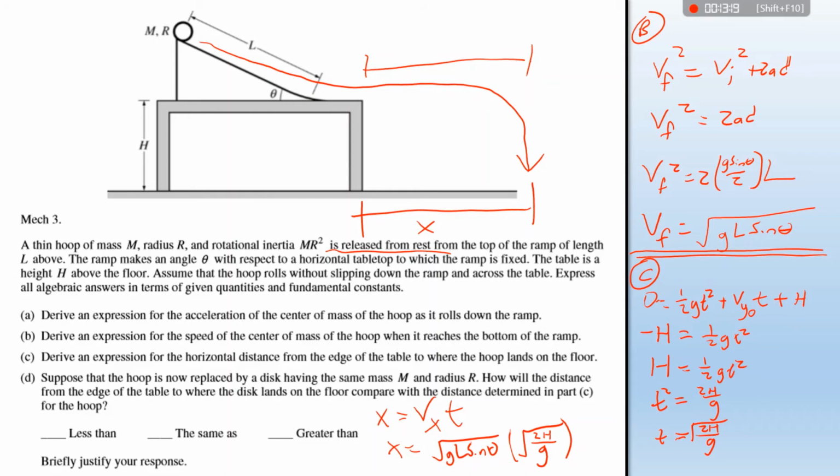I'm multiplying these two square roots together. So that means I can throw everything under the same square root. Is there anything else that I can do to simplify? G cancels out. Okay, so that leaves me with what?